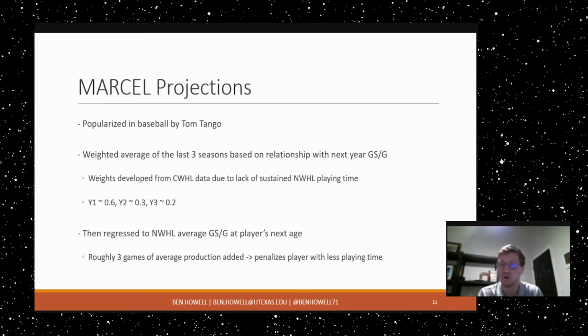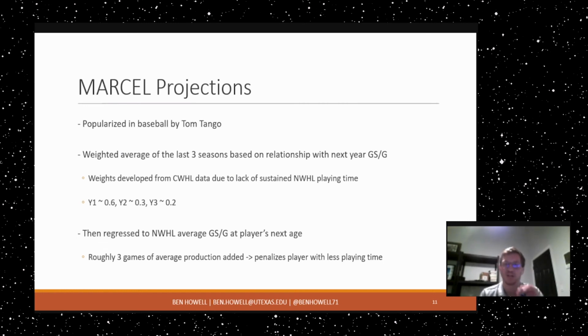So if there was a player who only played 7 games but had a really high game score, they're going to get penalized more than a player who played 20 games, because there's more uncertainty the fewer games a player plays. Regressing that to average helps keep things in check from going overboard on any projections.